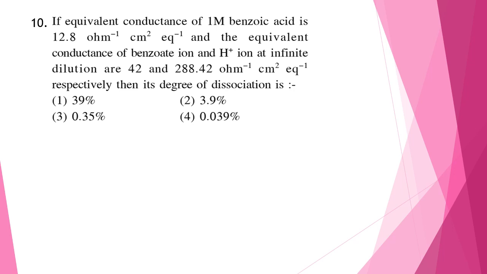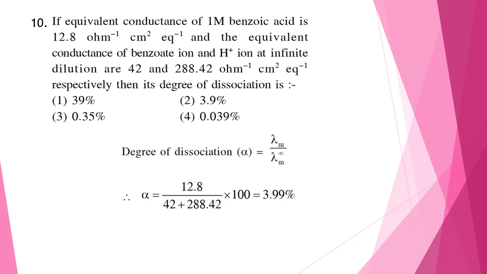Question 10. If equivalent conductance of 1 molar benzoic acid is 12.8 ohm centimeter square EQ inverse, and the equivalent conductance of benzoate ion and H plus ion at infinite dilution are 42 and 288.4 respectively, then its degree of dissociation is.